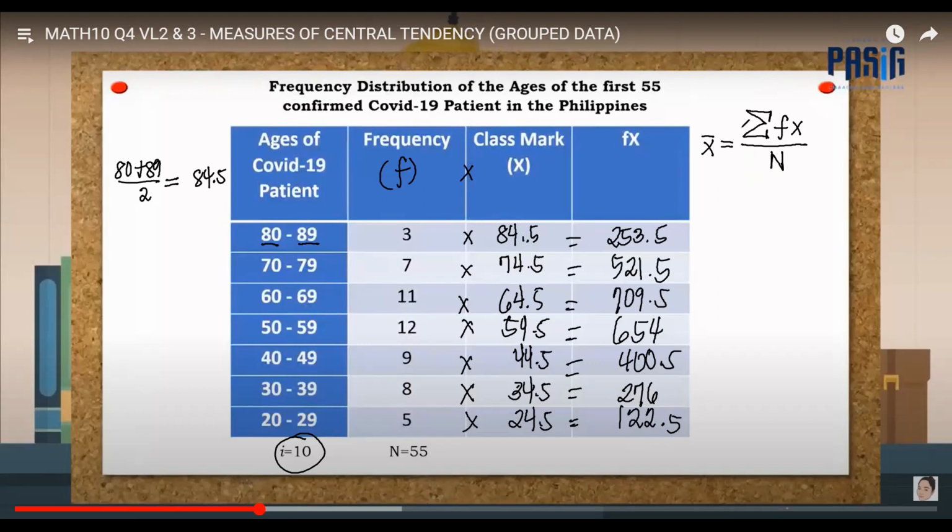And ito, yung nasa taas, makukuha po natin yan kapag inadd natin ito lahat. Okay? So, the sum of the product of f and x is equal to, i-add natin to lahat. What will be their sum?